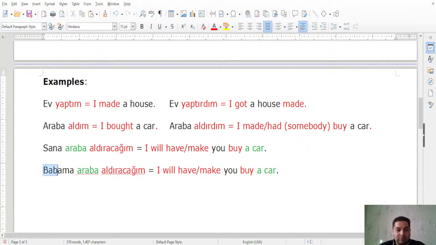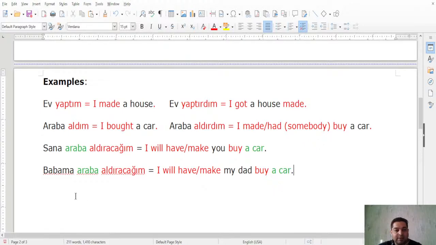So again, just to repeat, baba is father or dad, babam is my father or dad, and babama is the dative case of that. So we have to make it dative case to mean that I will have my dad buy a car. So babama araba aldıracağım. I will have my dad buy a car. Okay.